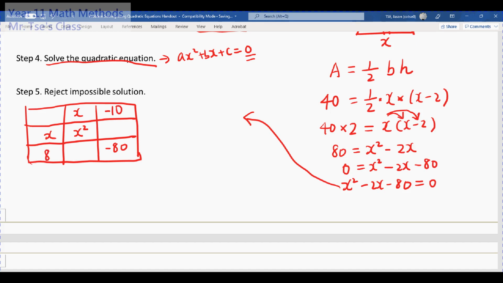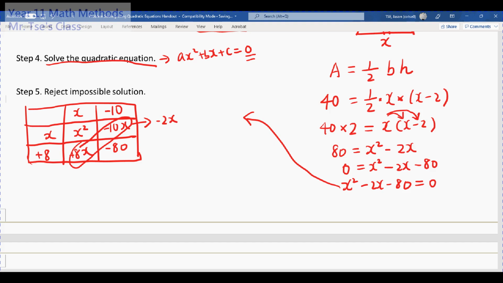You see minus 10x and plus 8x; when you add them up, plus 8x minus 10x is minus 2x. So it matches the middle term.